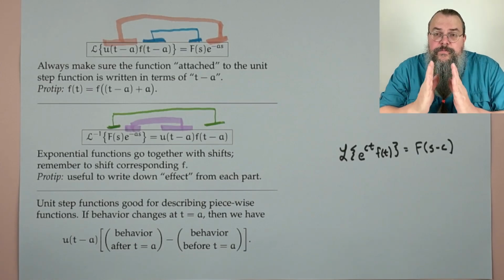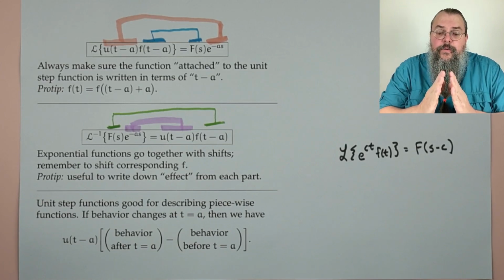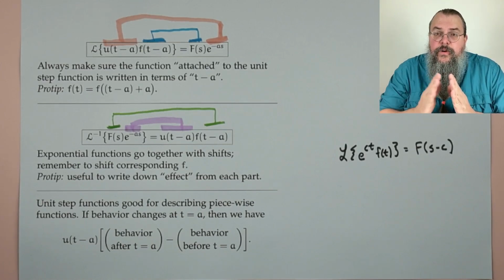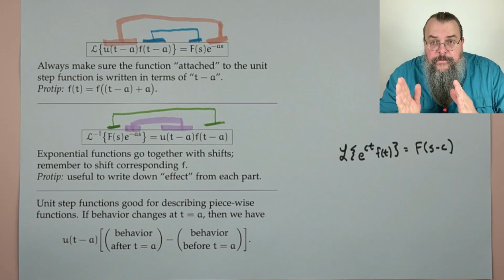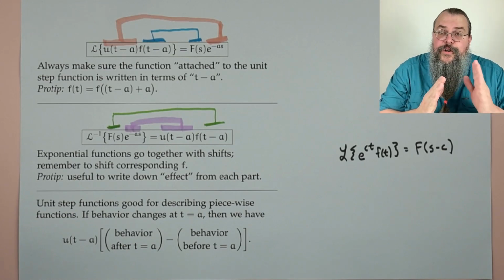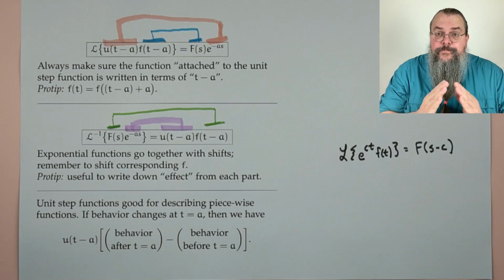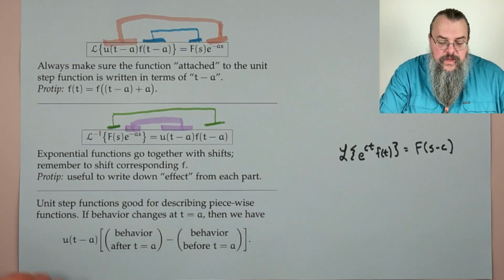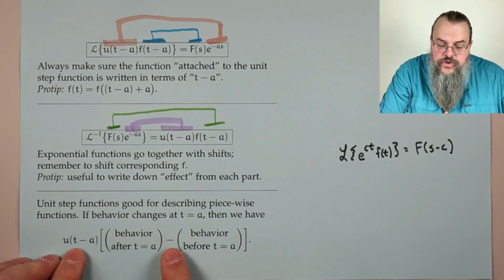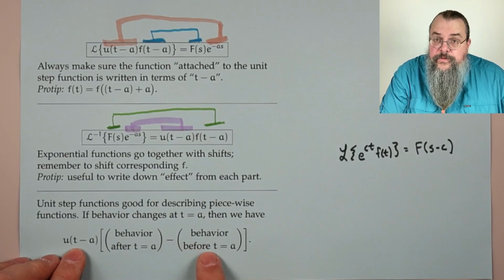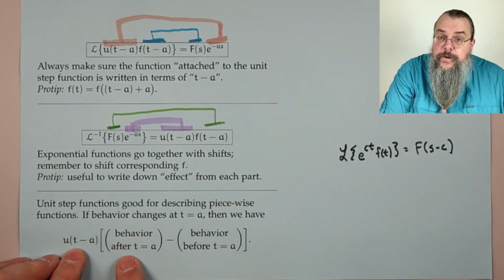If it changes behavior at a certain point, I ask, what's the behavior that came before versus what came after? I want to turn off the before and turn on the after. The way you do this is you take your unit step function, you subtract what came before, to turn off the before, and add what comes in after, to turn on the after.